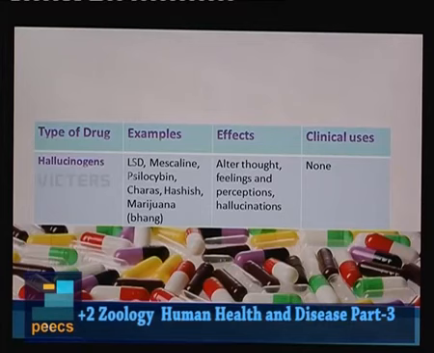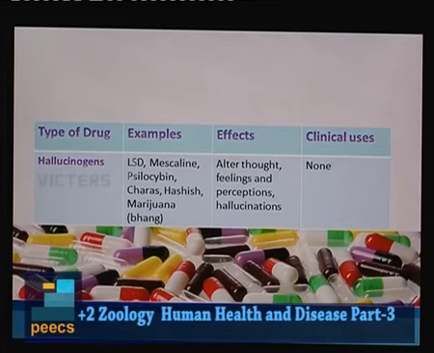Now going to the fourth category, that is hallucinogens. Examples are LSD, mescaline. LSD is obtained from an ergot fungus called Claviceps purpurea.